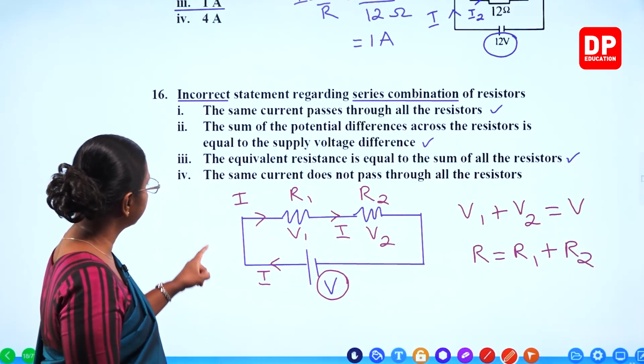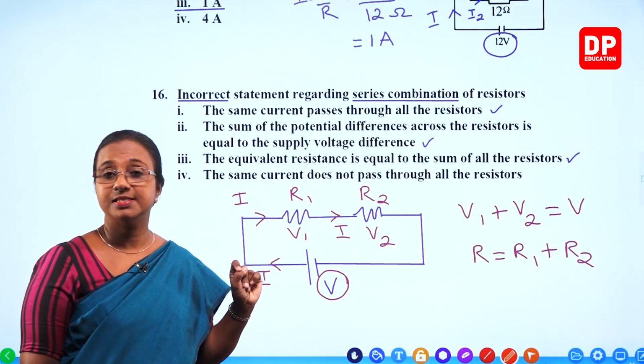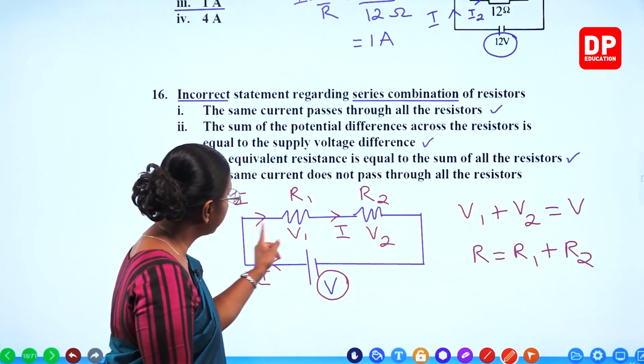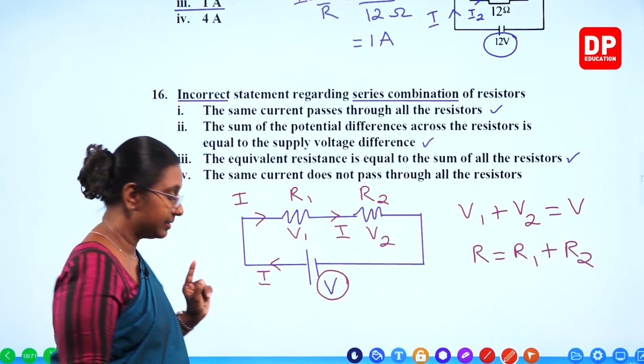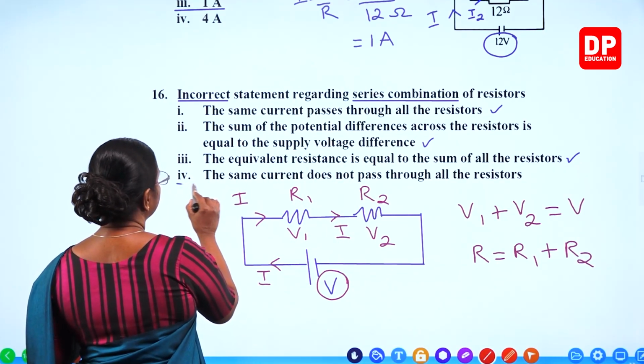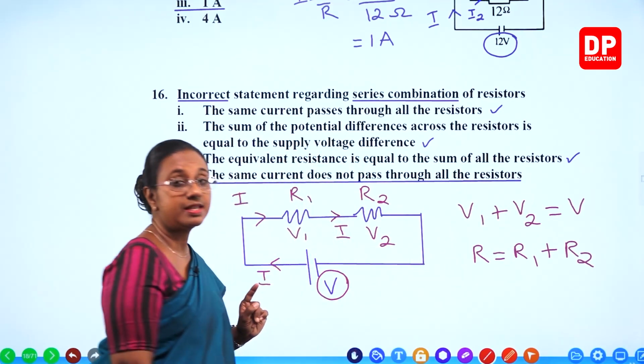Then the last one, the same current does not pass through all the resistors. That is incorrect. The same current passes through all the resistors. That is the important thing. The same current does not pass through all the resistors is wrong.